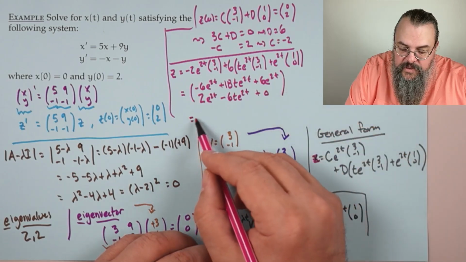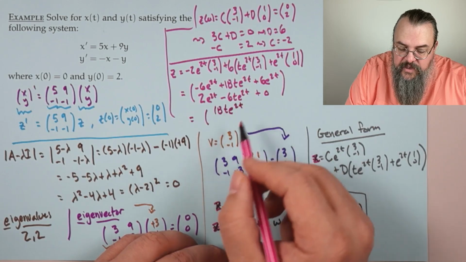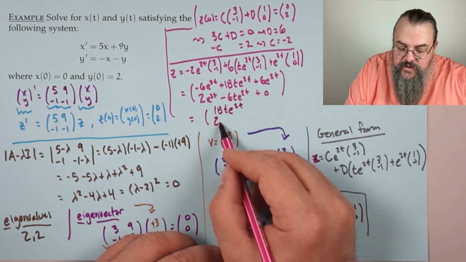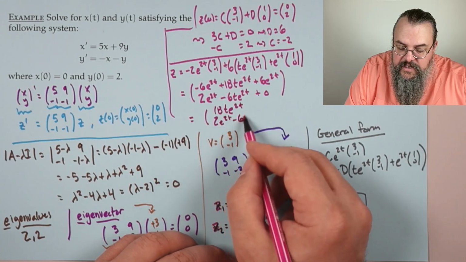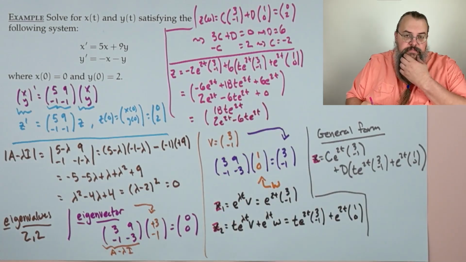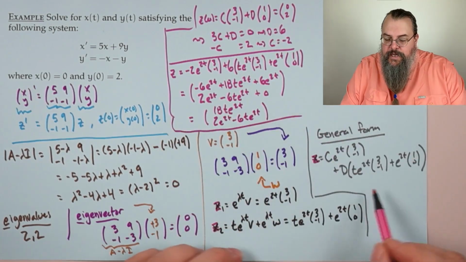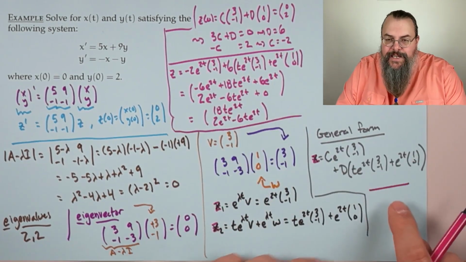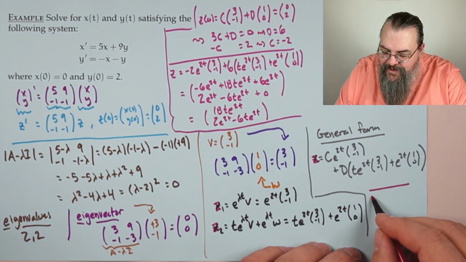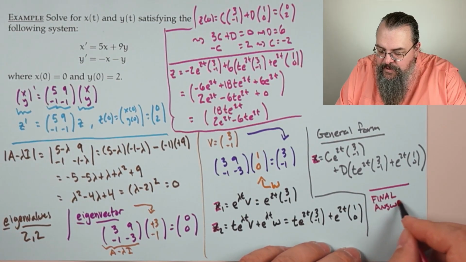So we're left with our 18t e to the 2t upstairs, and our 2 e to the 2t subtract 6t e to the 2t downstairs. And, well, we have a little tiny space here in the corner. So our final answer. All right, how do we do it?